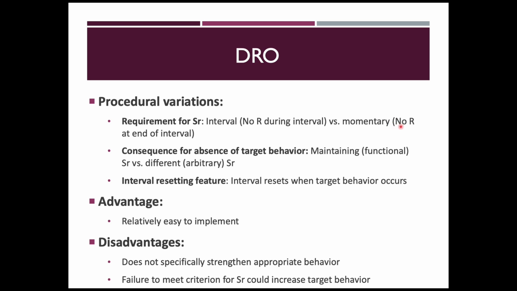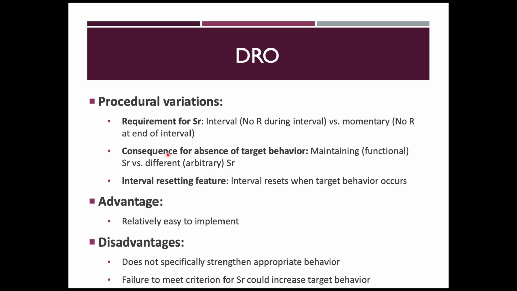And if the problem behavior is occurring, no reinforcement. If it's not occurring, we deliver the reinforcer, right? So it's a momentary schedule. Obviously a little more easier to manage. So those are two procedural variations based on an interval or a momentary time interval.